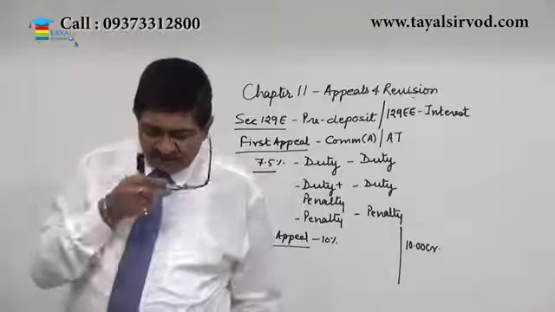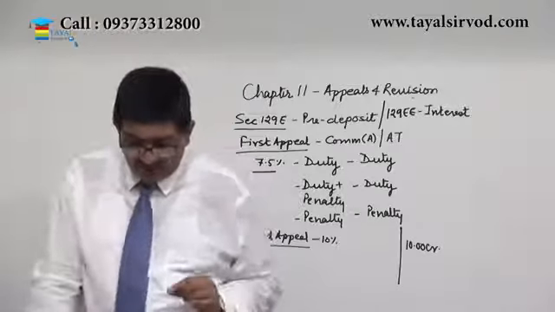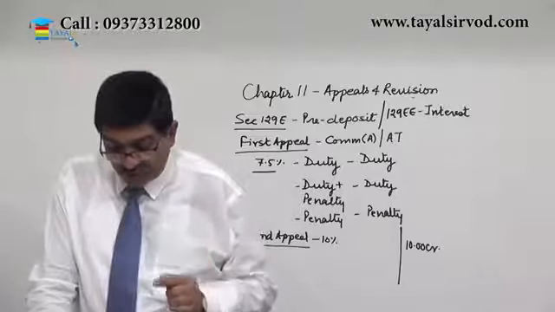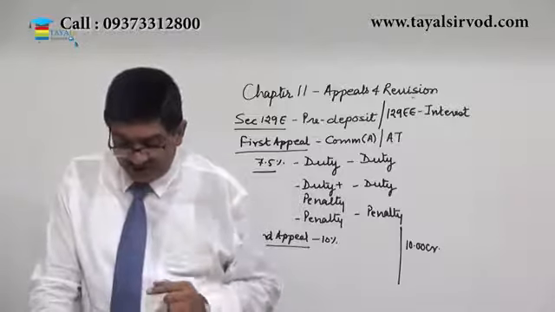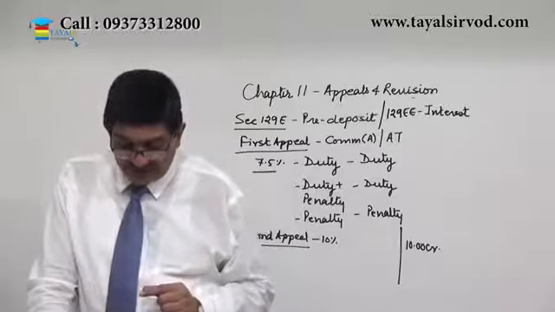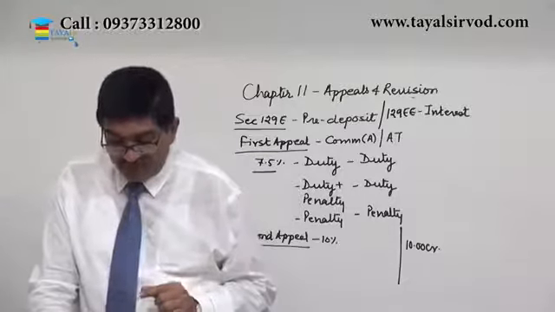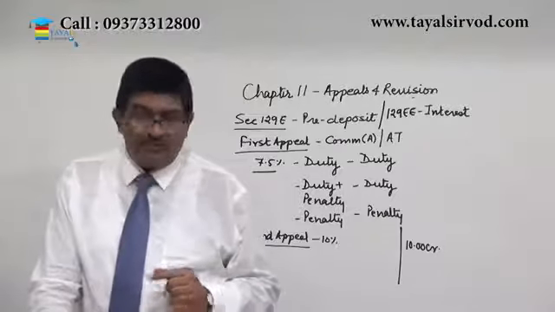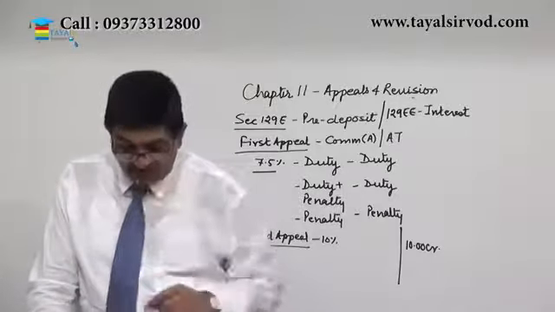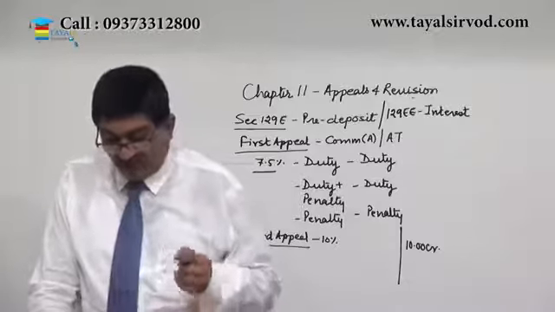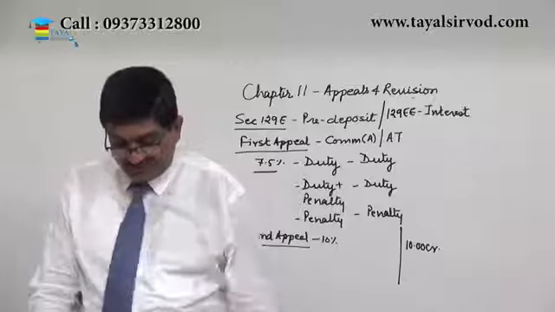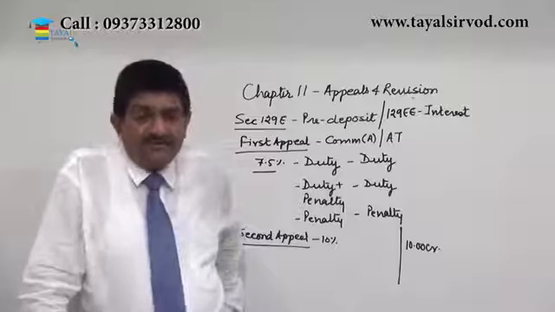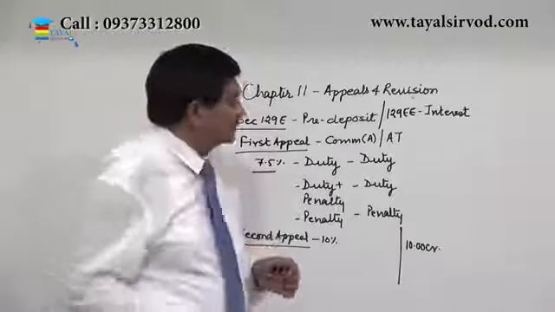So what the section says, where the amount deposited by the appellant under section 129E is required to be refunded consequent upon an order of the appellate authority, there shall be paid to the appellant interest at such rate not below 5% and not exceeding 36% per annum, as is for the time being fixed by the central government. So right now the rate is 6%. By notification in the official gazette, on such amount from the date of payment of the amount till the date of the refund. Interest begins from the date it was deposited, since deposit till refund.